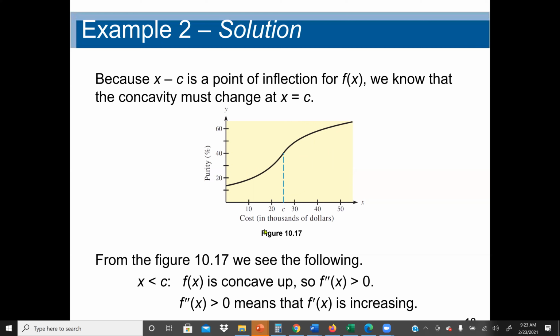The first condition says if X is less than C, then F at X will be concave up, and in that case the second derivative should be greater than 0. If the second derivative is greater than 0, this means that on this interval the first derivative will be increasing.